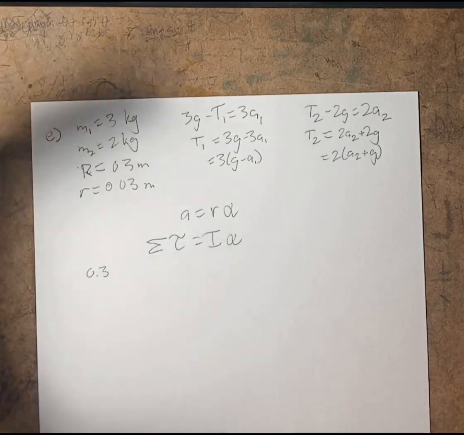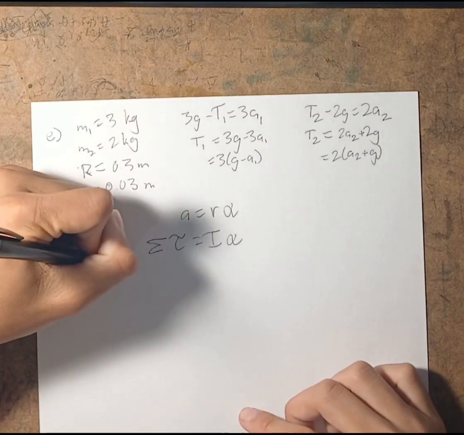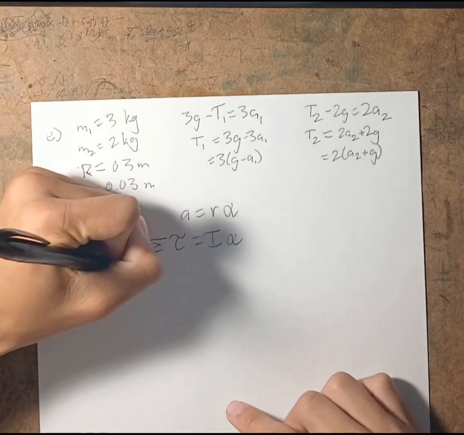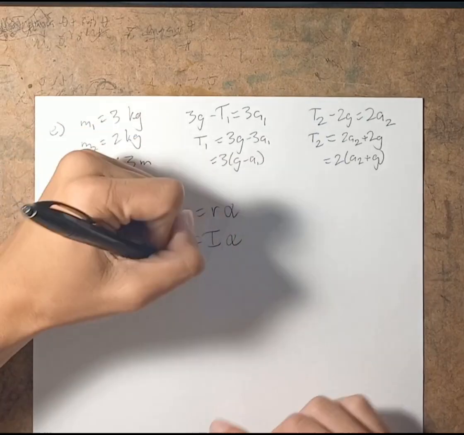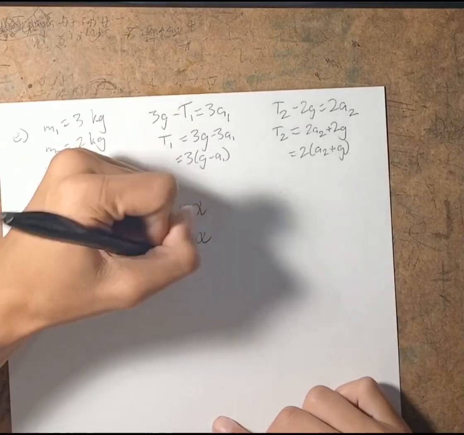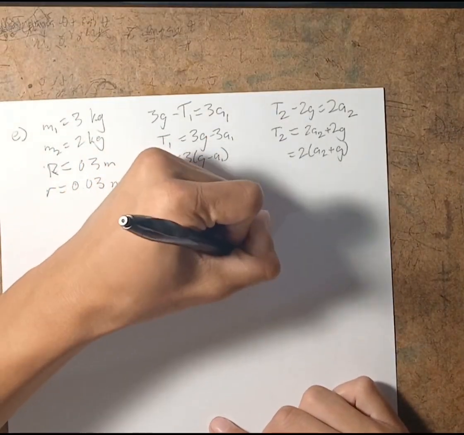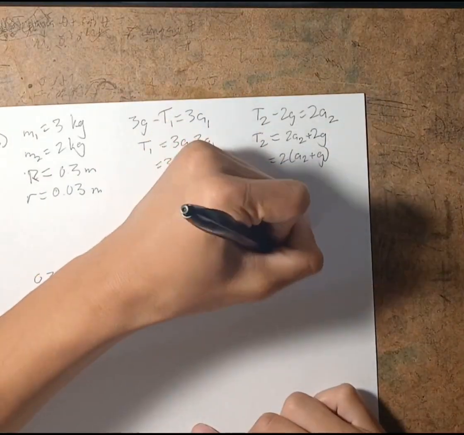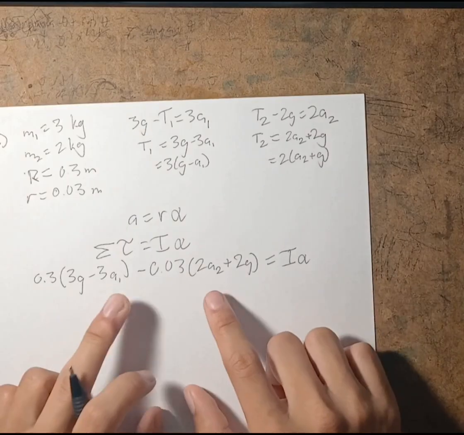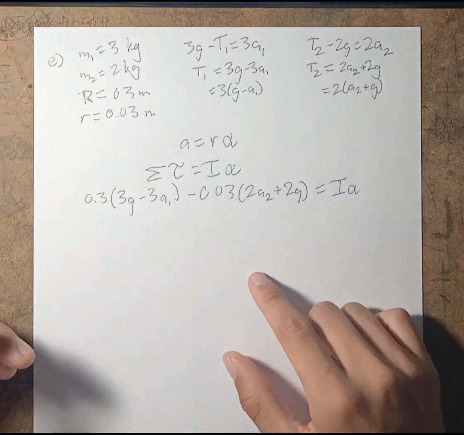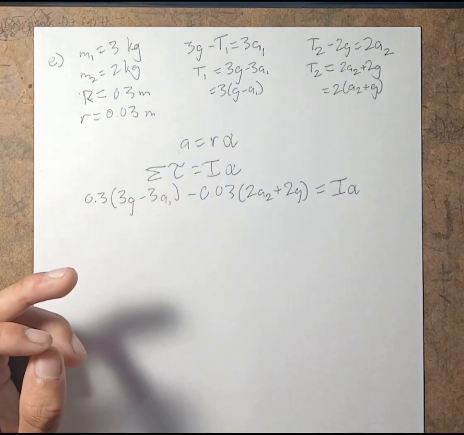Again, counterclockwise torque would be considered positive, and so we're going to put M1 first, plug in T1, and then a little r for the radius of the axle, 0.03, equals I alpha. Now again, they will have different linear accelerations, and obviously we don't want that in our equation, so we will have to sub those in for r alpha, because we know that their angular accelerations will be the same.